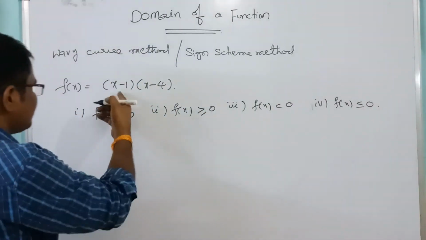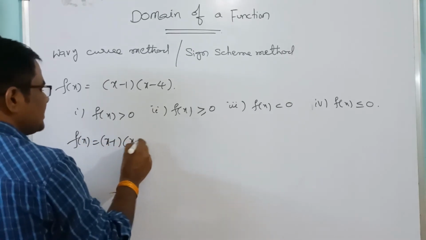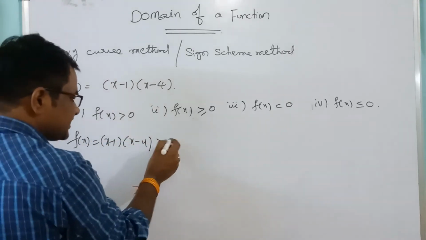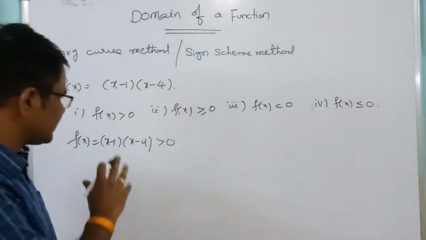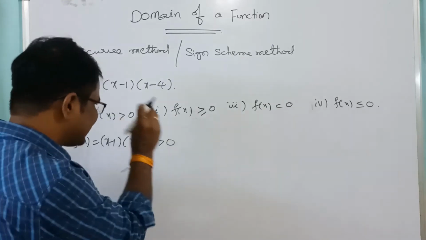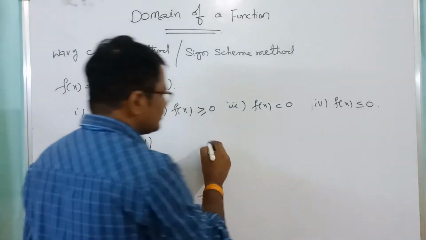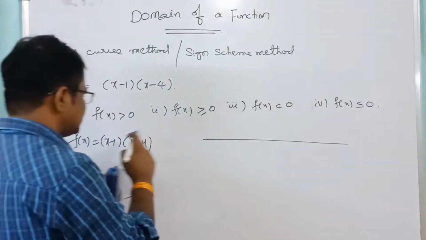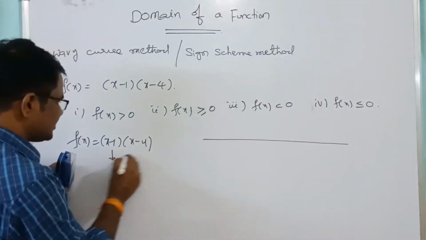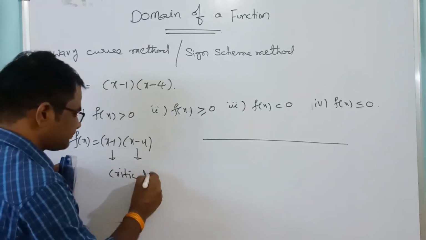So take f of x equal to x minus 1, x minus 4. If it is greater than 0, what is the condition? That means what are the values of x for which this function is greater than 0. That only we have to find. For that, take one number line with these 2 points. The points where the function is 0 are called critical points.